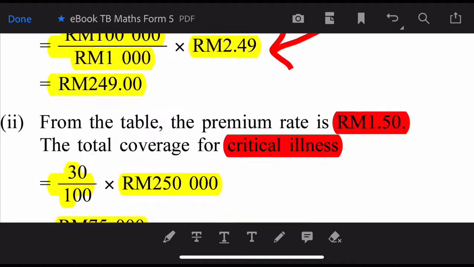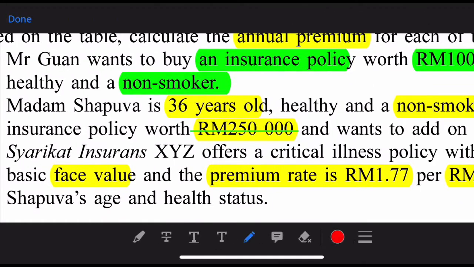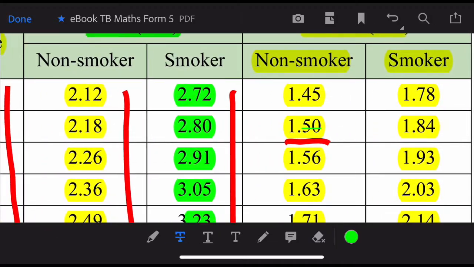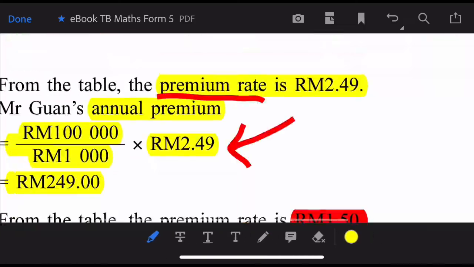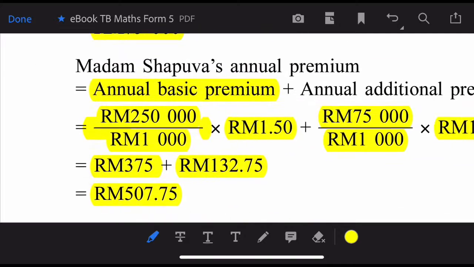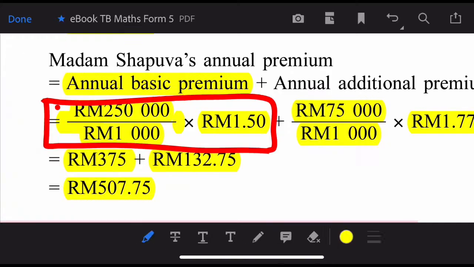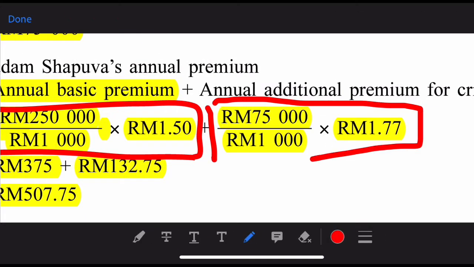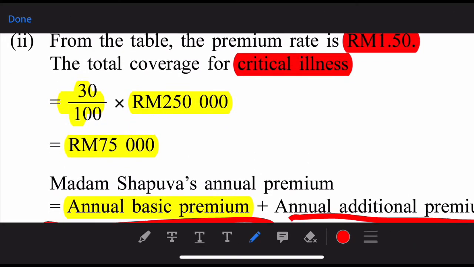So how you do the calculation is you must refer to the table, right? For example, we focus on this one, 36 years old, non-smoker. Then we go to the table and find this one, 1.5, which is the premium rate. So the calculation is quite simple. You take the 250,000 per 1,000, which is fixed per 1,000, and you times it with the premium rate. The premium rate for the critical illness is not in the table, it is given by the question, but for the coverage you have to calculate 30% of the 250,000.